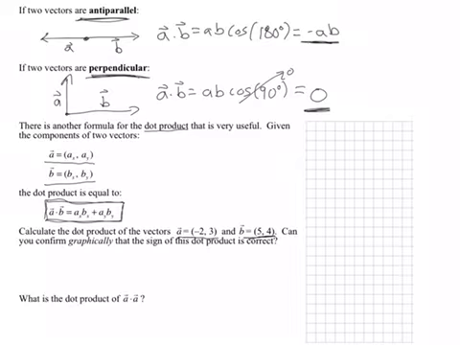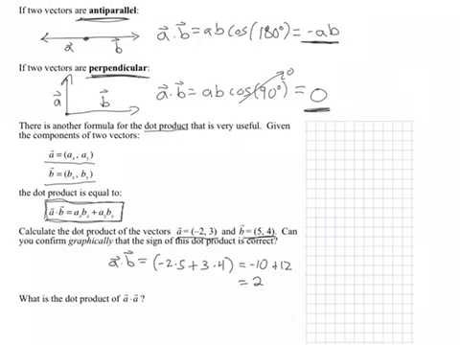So here, A dot B with the two vectors given would be AX, minus 2, times BX, which is 5, plus AY, which is 3, times BY, which is 4, which gives you minus 10 plus 12, and that equals 2, a positive number.